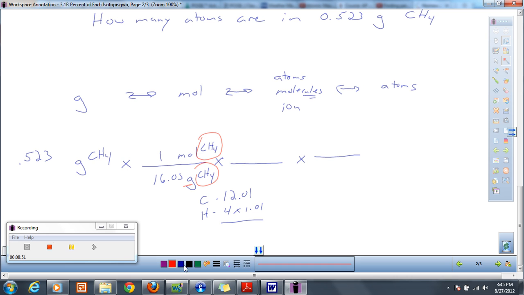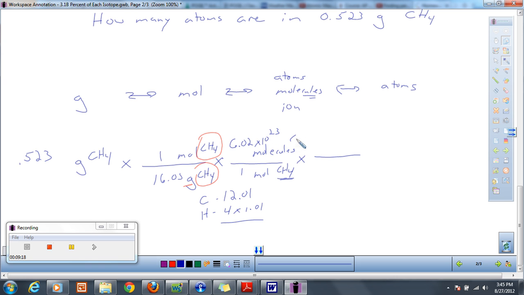So we're converting from moles of methane then into methane molecules. If we have 1 mole of methane, that doesn't mean we have 6.02 times 10 to the 23 atoms. This is moles of this molecule, so we have 6.02 times 10 to the 23 molecules of methane.